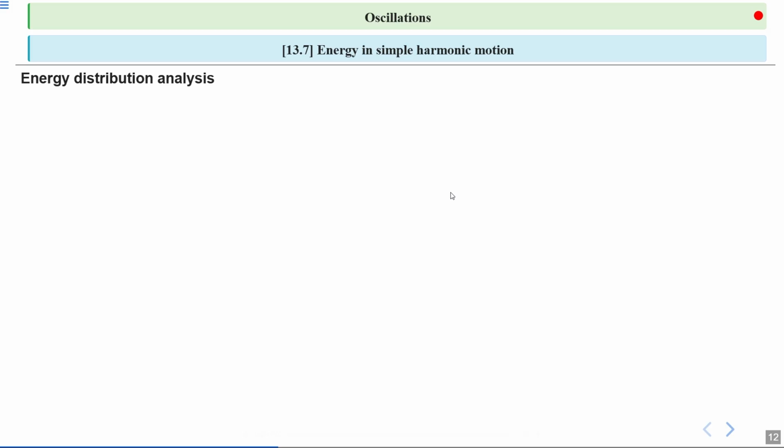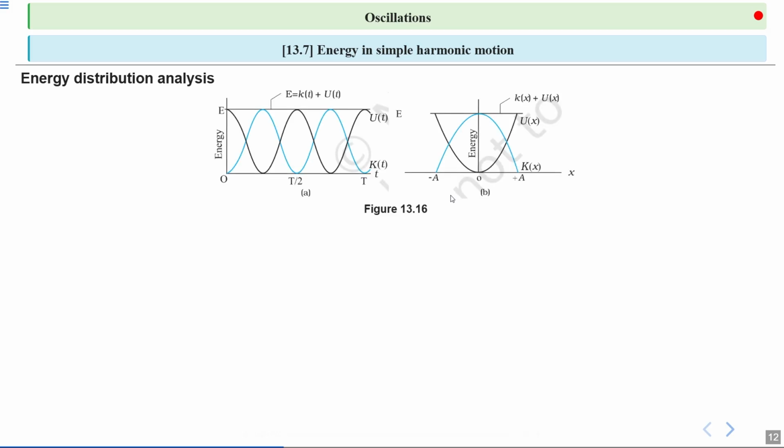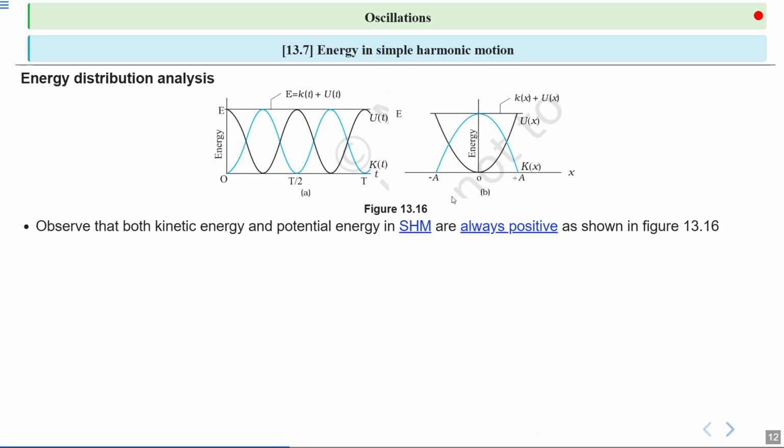Energy distribution analysis. Now take a look at figure 13.16. This diagram shows how kinetic energy and potential energy vary during SHM. Total energy remains constant, but the forms of energy change as the object moves. Both kinetic energy and potential energy are always positive throughout the motion, as shown in the figure.